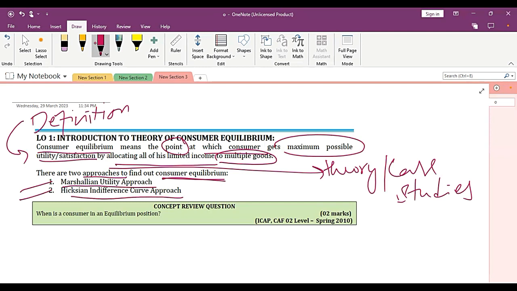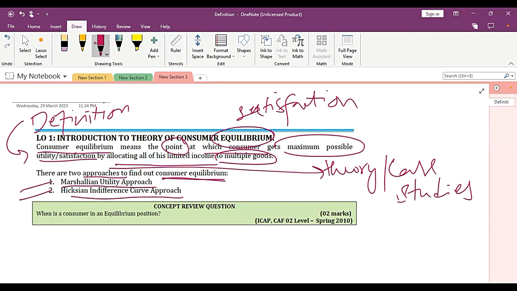So these are the two theories that we will study in order to define the equilibrium level or the satisfaction level that the consumer always wants to achieve by utilizing minimum resources and obtaining his maximum wants.